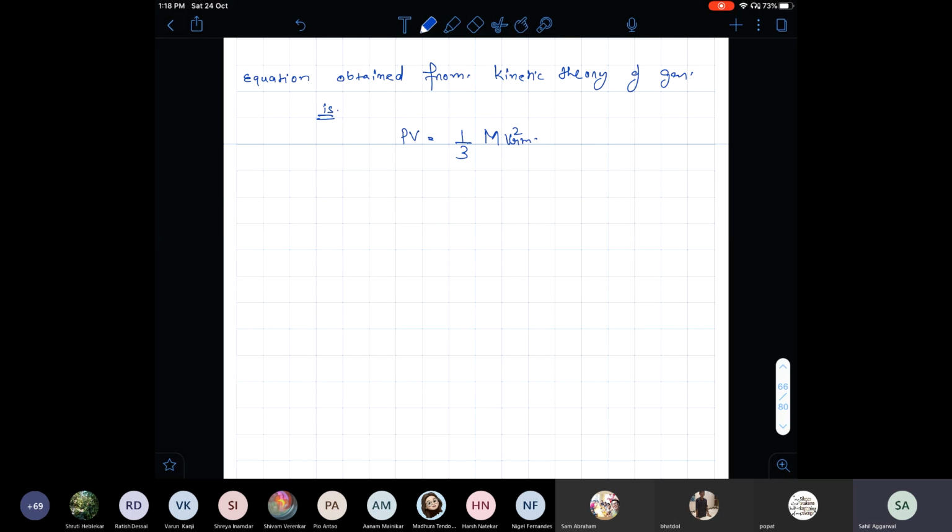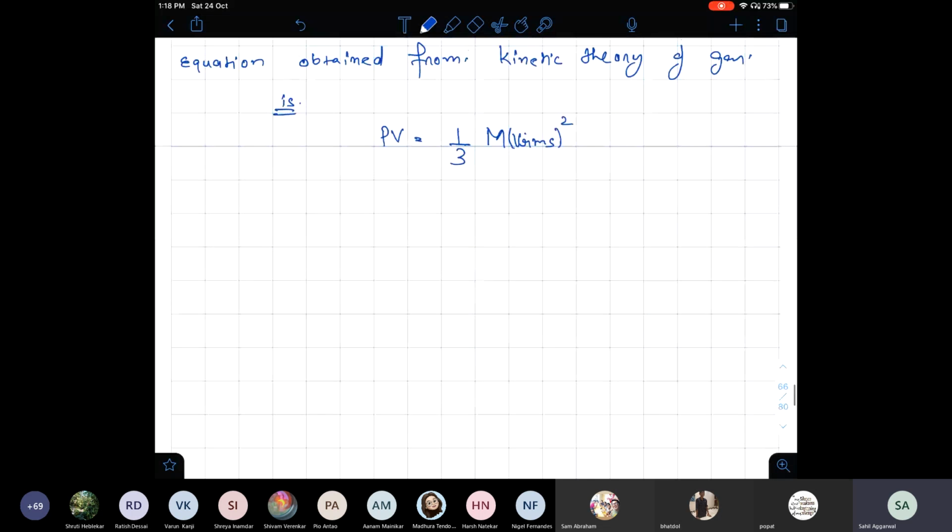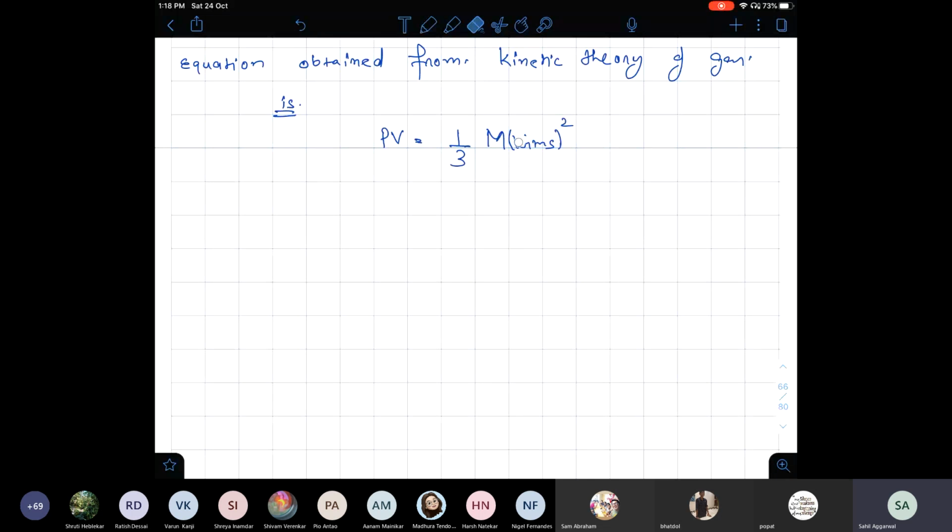Write this as V RMS square. I'll tell you what RMS is. As of now, just write down V RMS square. PV equals 1/3 m V RMS square.